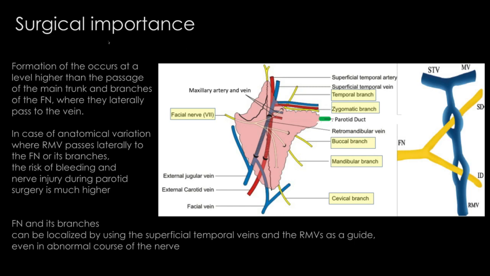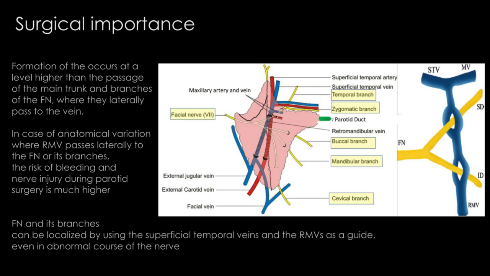So what is the surgical importance of the retromandibular vein? As I told you earlier, the retromandibular vein formation occurs at a level higher than the passage of the main trunk and branches of the facial nerve, where they pass lateral to the vein.